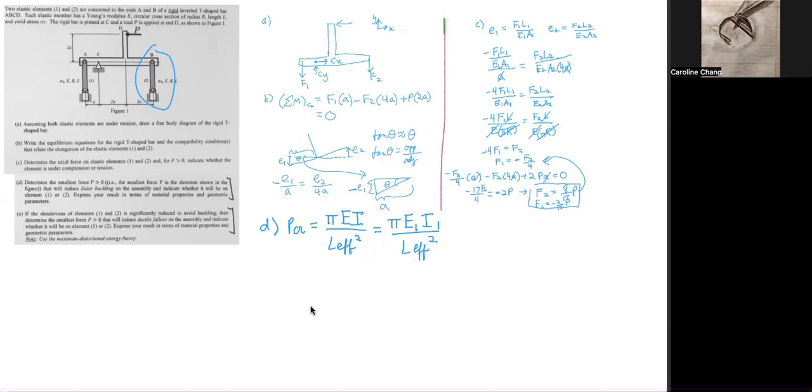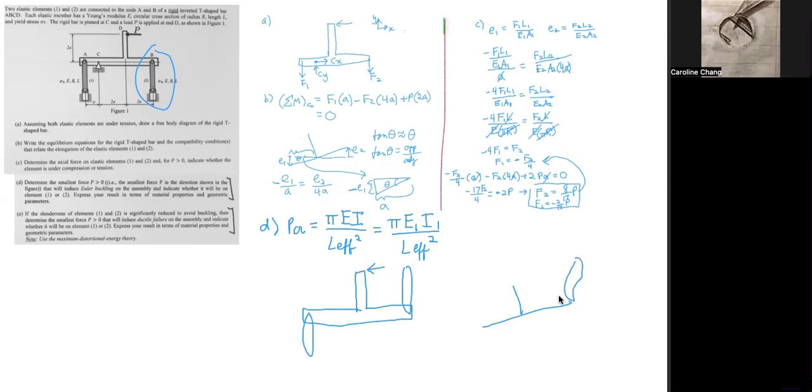Now, it is worthy to note that if this problem was a problem like this, where the member is over here, and P is applied, then there's potential for buckling in both of these members, because now when the whole structure distorts this way, both of the members are under compression.